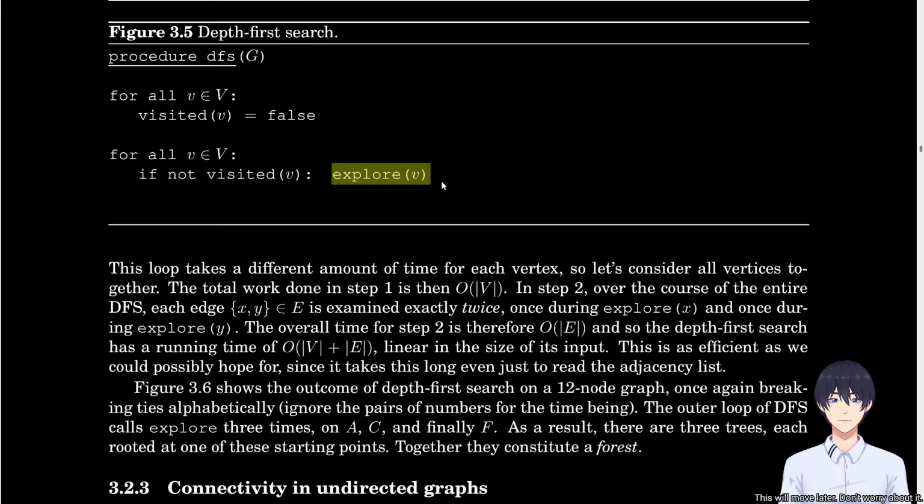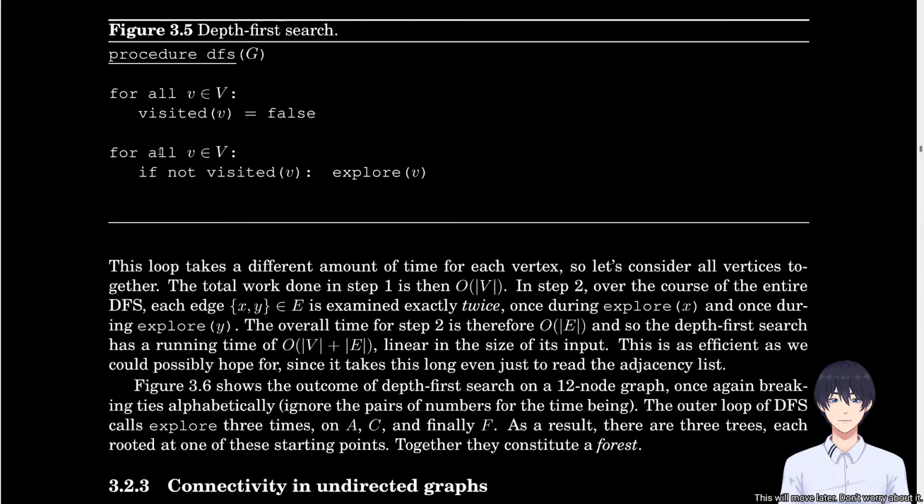So this explore will mark some as visited, and then you come up. So there's like this O of number of vertices here, and in here there is O of number of vertices, but it's probably not quadratic.